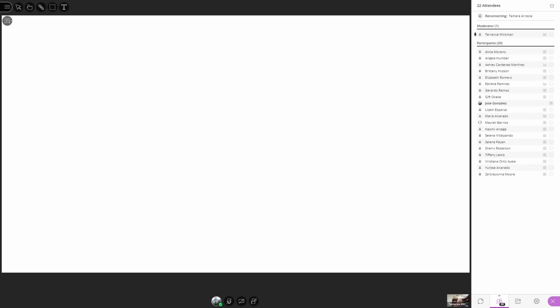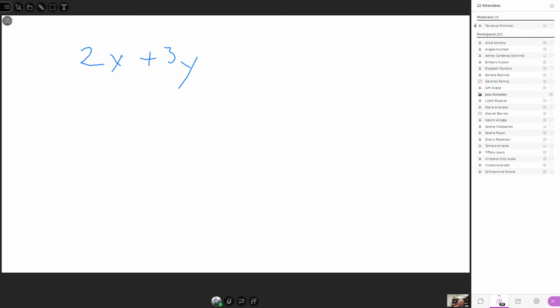So the book gives you this. They say, okay, you have 2x plus 3y minus 5x minus 2y. Now, what you need to do is combine the x's and the y's so that you can factor them.